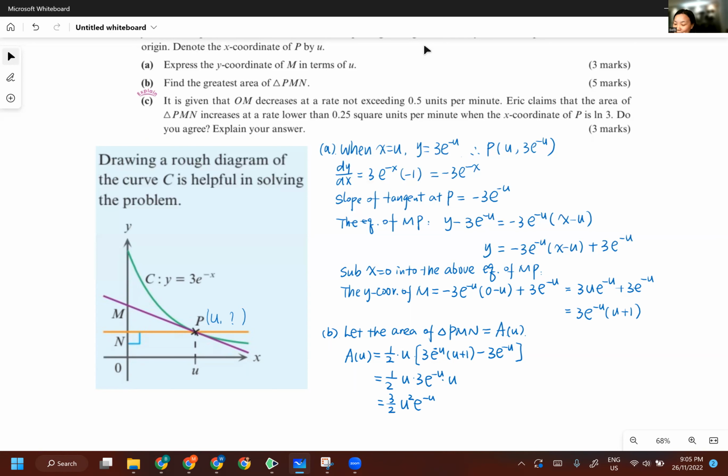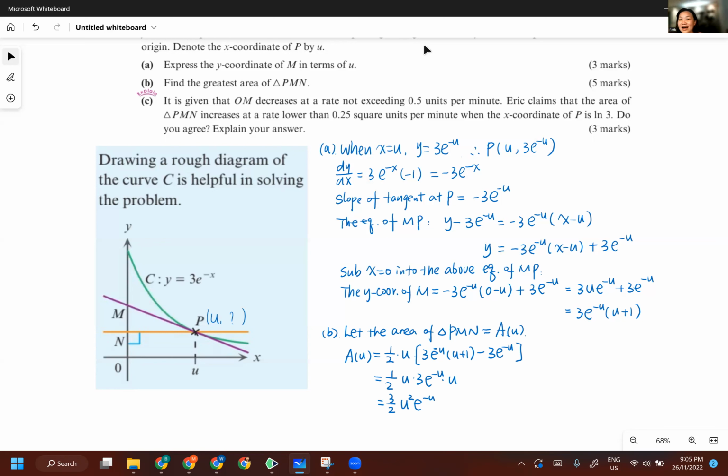And to find the maximum, this is the greatest value, so I need to find the global maximum. Remember here, we still have u is positive. Later on, when I find the maximum, I will only find it in this range.